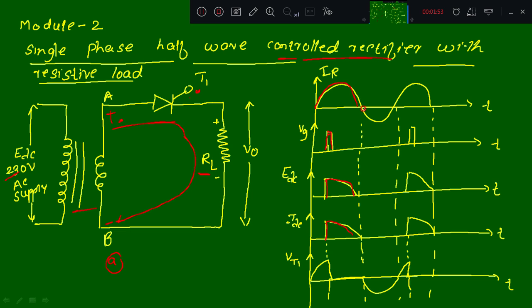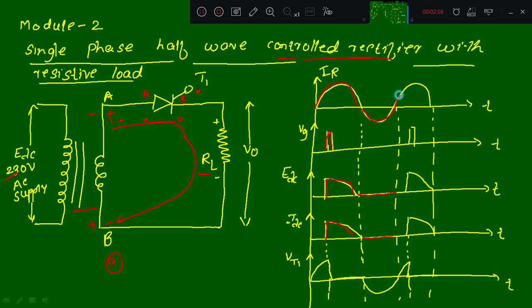In the same way, during the negative half cycle, this end is minus and this end is plus. So the negative is connected to the anode and the positive is connected to the cathode, which will not allow the current to flow. So during the negative half cycle, the current is 0, and the output voltage is also 0.